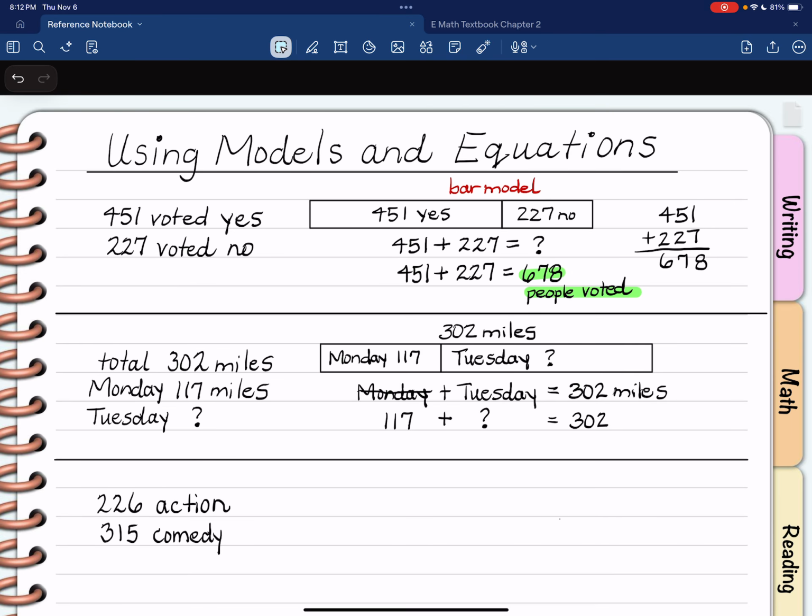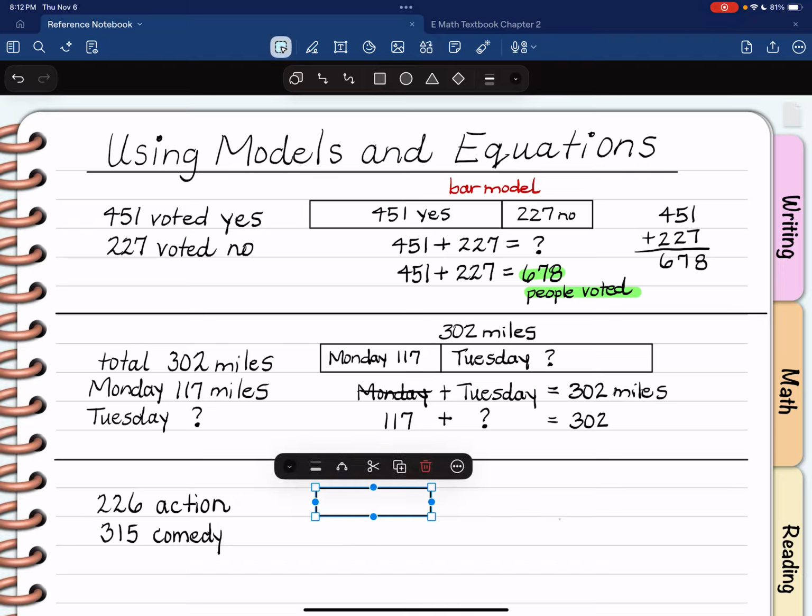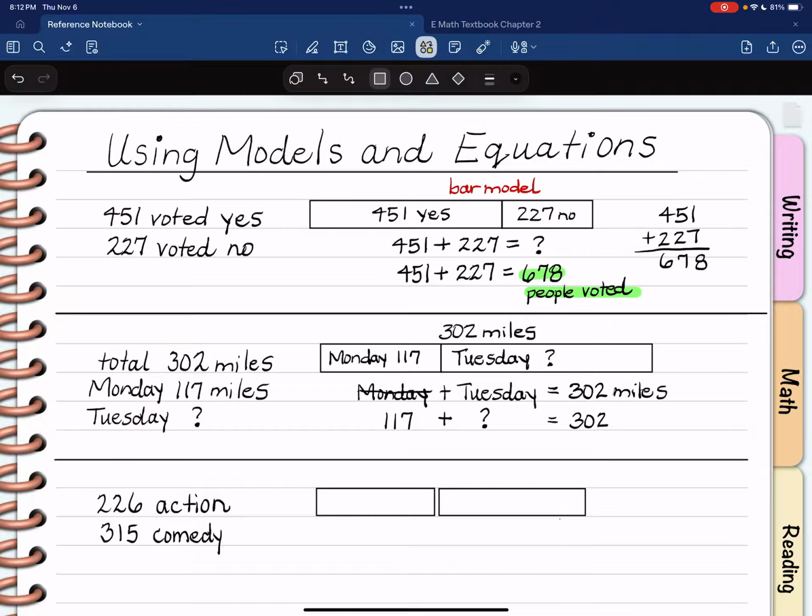So this time I do not know a total. I have 2 different bars. The smaller bar is going to be the people who went to see action movies. And then the other bar is going to be the people who saw the comedies. And there were a few more of those. So I always try to make my pictures realistic as best I can.